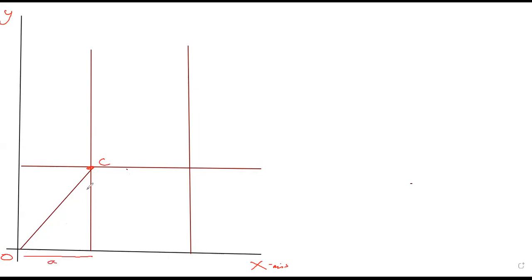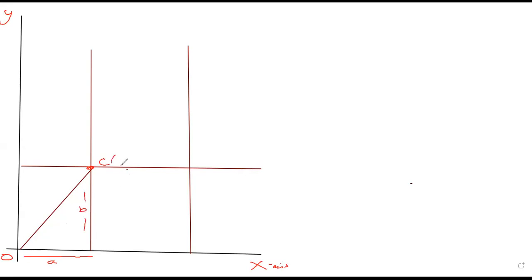And here is some point C, and here is some line representing some points. Let me use some different colors for better understanding. Now let's say this is the y-axis, this is the x-axis, and this is the origin O. Here is some point C. Its coordinates: this distance is a and this y distance is b.